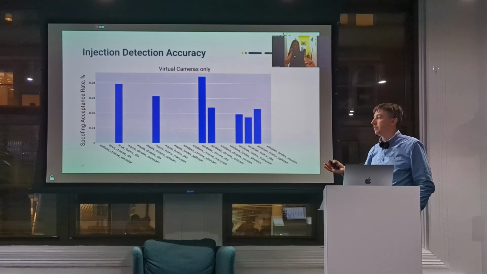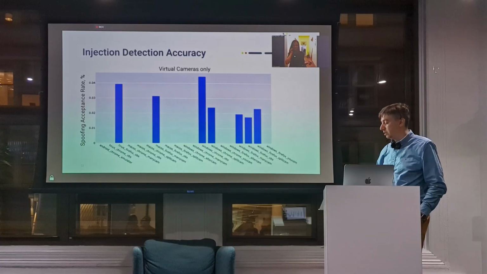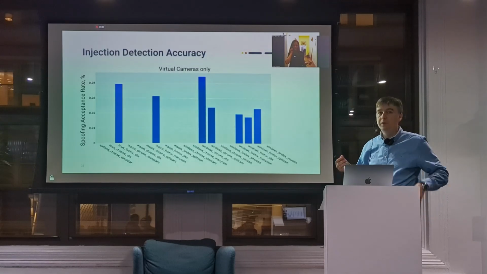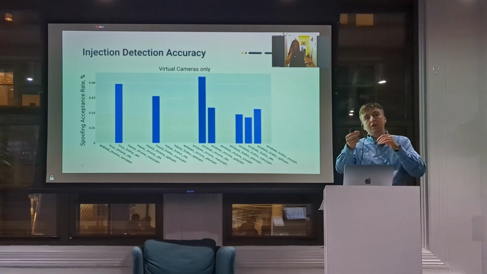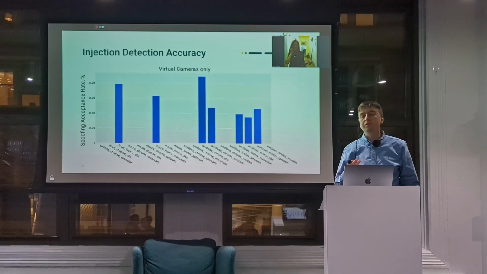This is a result of testing of injection detection accuracy. It is demonstrated in terms of spoofing acceptance rate. The spoofing acceptance rate is the probability that the spoofed image will be incorrectly recognized as a real one.